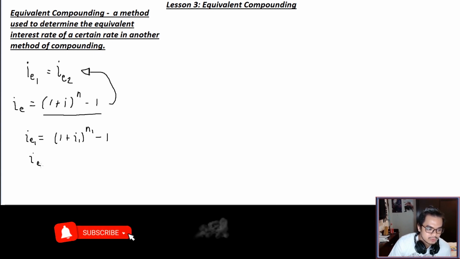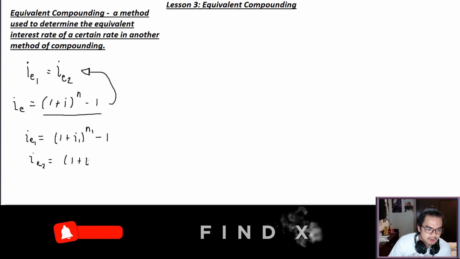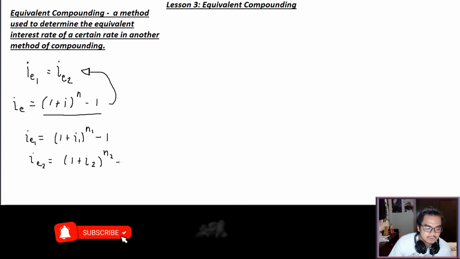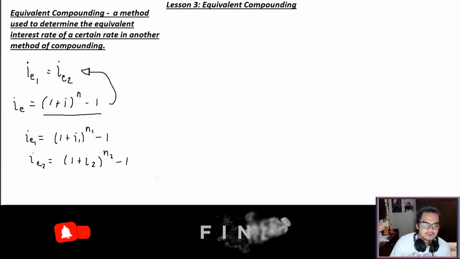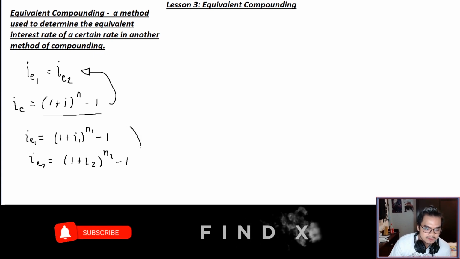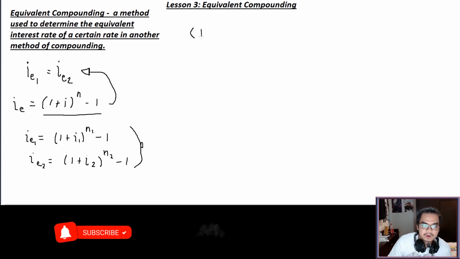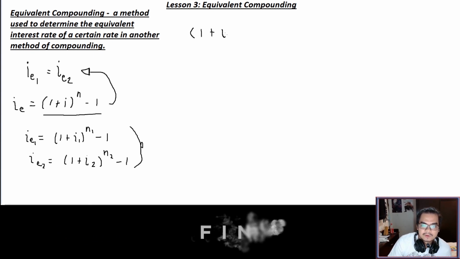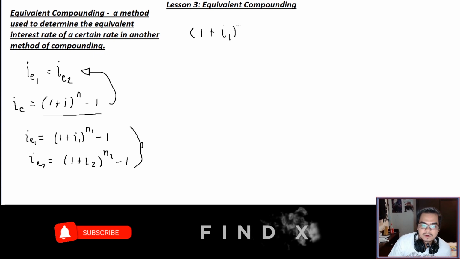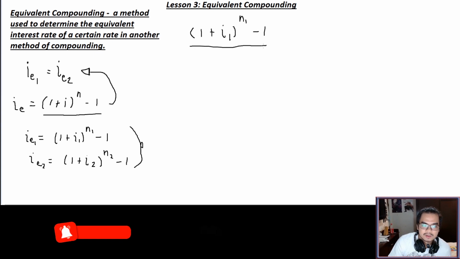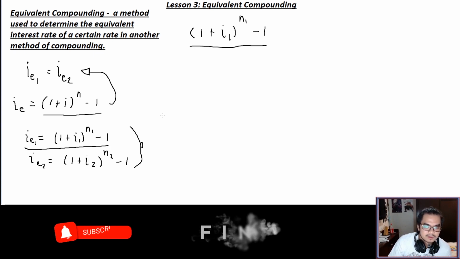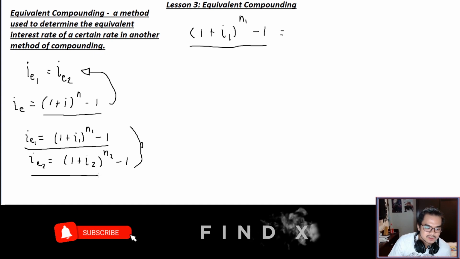For your IE2, that will become 1 plus i2 raised to n2 minus 1. Again, these two must be equal. Therefore, you'll have 1 plus i1 raised to n1 minus 1, that is your IE1, which must be equal to IE2.